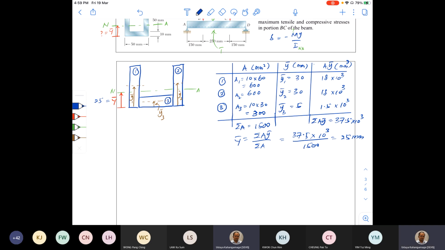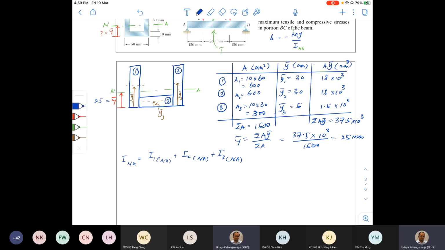So let me just write the total equation. What I need to find out is I about the neutral axis. So this one is equal to I1 about the neutral axis. That is, if you take section 1 and take the I of that section about the neutral axis, plus I2 about the neutral axis plus I3 about the neutral axis.